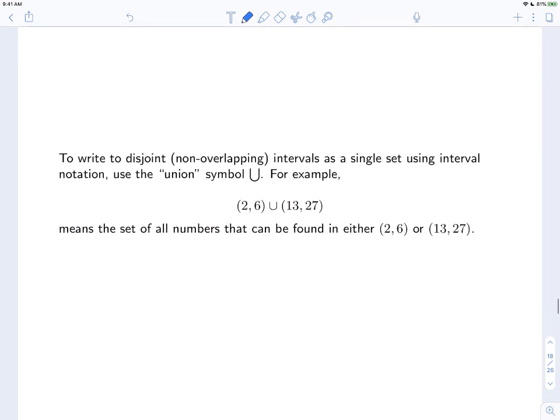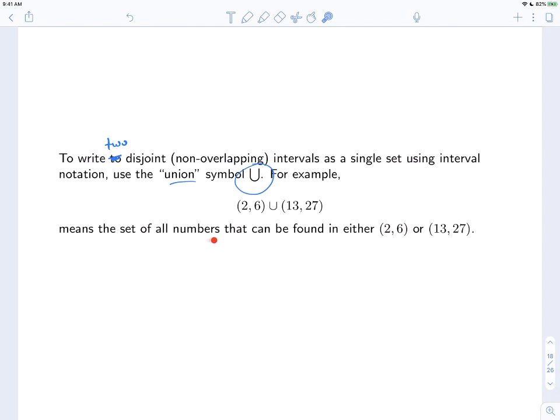So this just tells you what I've already said earlier. To write two disjoint, non-overlapping intervals as a single set using interval notation, use the union symbol, which is just a stylized U, basically. So for example, the interval from 2 to 6 or 13 to 27: 2 to 6 union 13 to 27.